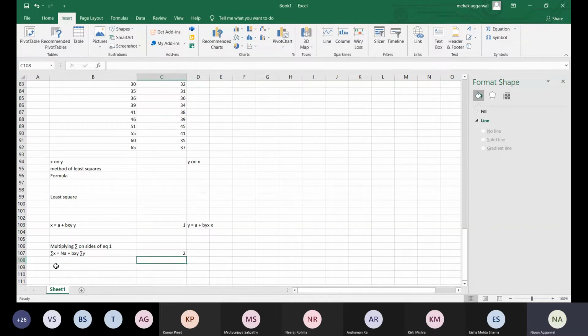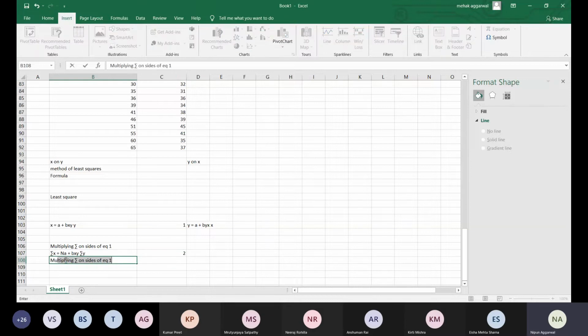Now you want one more equation to solve the linear equations. The next equation can be formed by multiplying sigma y on both sides of equation 1 again.